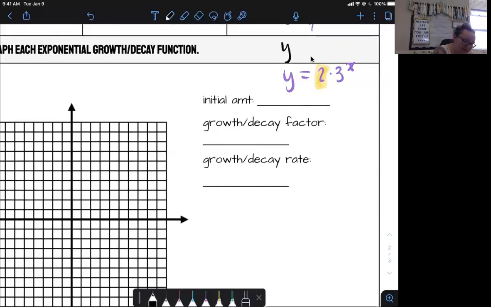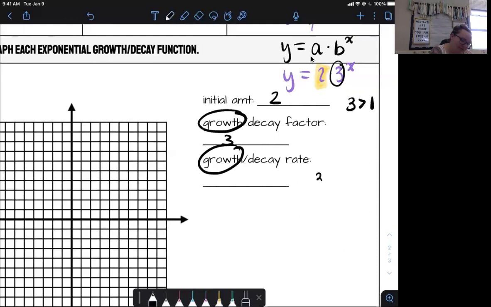Remember, we're basing this off of y is equal to a times b to the x. So our initial amount is 2. Our growth factor is 3. And we know that it's a growth factor because that b value of 3 is greater than 1. Our growth rate then is 3 is equal to 1 plus r, so r must be 2.